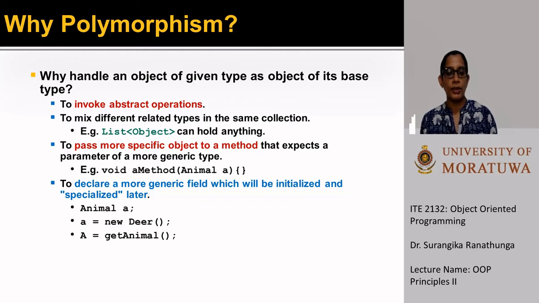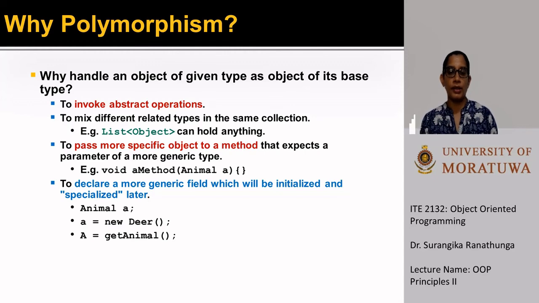Maybe A should be assigned based on the output of a method, so we don't know what this method is returning. Get animal would give us a deer or a tiger. But when we say Animal A, and A equals getAnimal, it can accept a tiger or a dog or whatever animal.